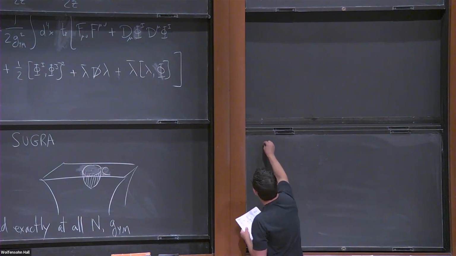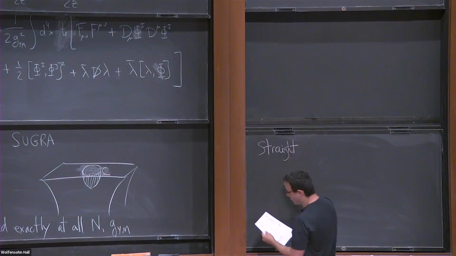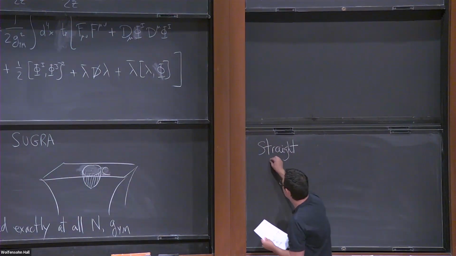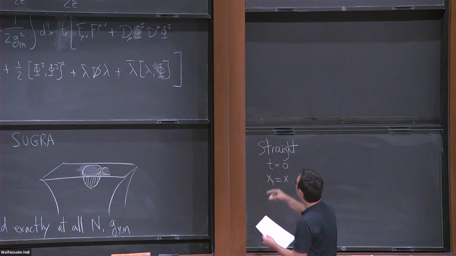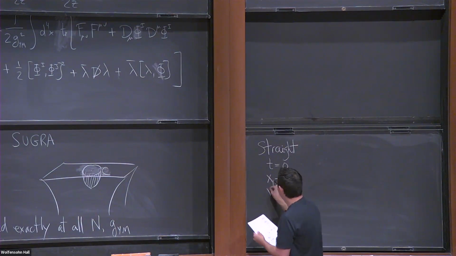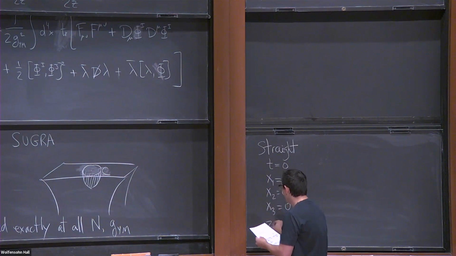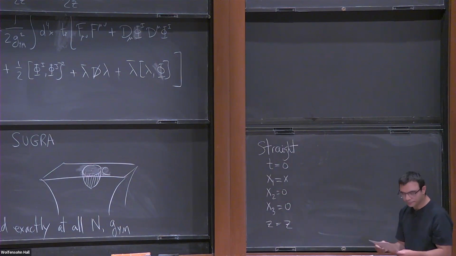For the straight world sheet, we can use the coordinates t. Let's just set t equals 0. We have x1 is equal to x. Let's say x runs along the boundary direction. x2 equals 0, x3 equals 0, and z equals z. So we parameterize it with x and z.